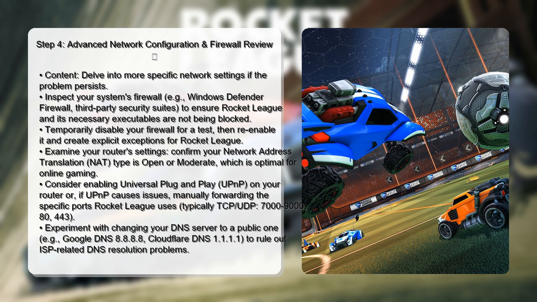Confirm your Network Address Translation, or NAT type, is open or moderate, which is optimal for online gaming. Consider enabling Universal Plug and Play on your router, or if UPnP causes issues, manually forwarding the specific ports Rocket League uses. Experiment with changing your DNS server to a public one, Google DNS or Cloudflare DNS, to rule out DNS resolution problems.